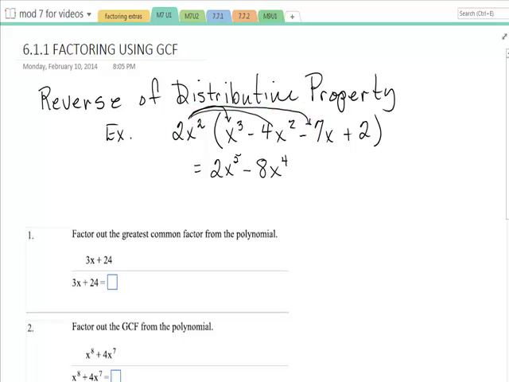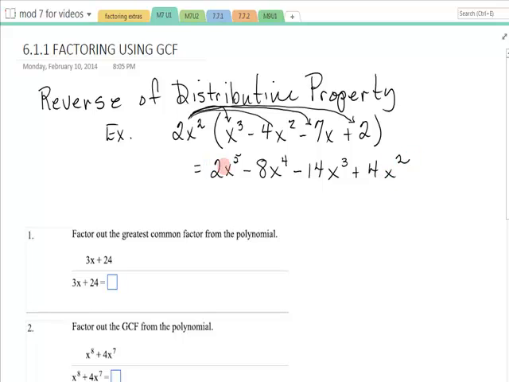Positive 2x squared times negative 7x is negative 14x to the 2 plus implied 1 is 3. And then finally, 2x squared times 2 is 4x squared.